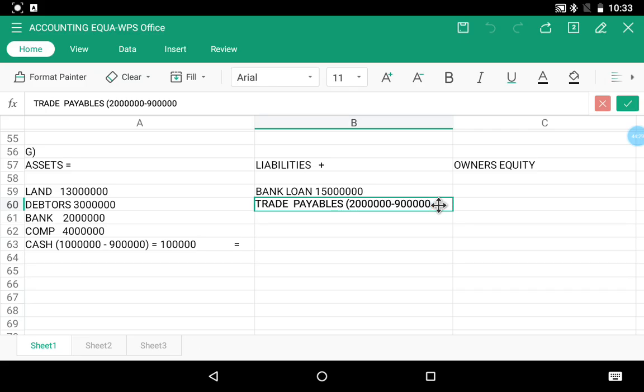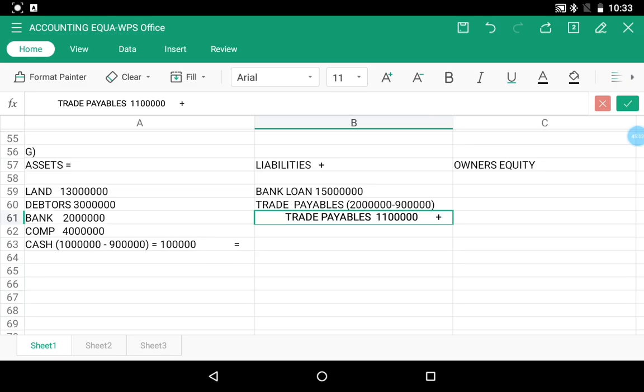That means our trade payables we shall have 1,100,000. Our trade payables, this person will remain demanding us 1,100,000.